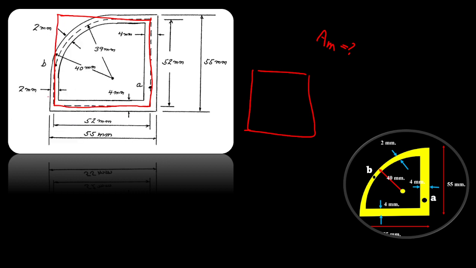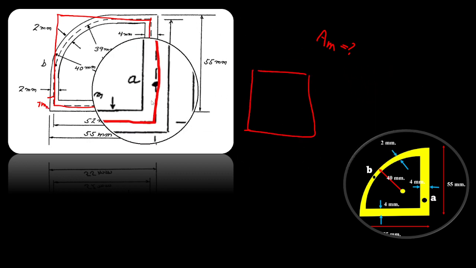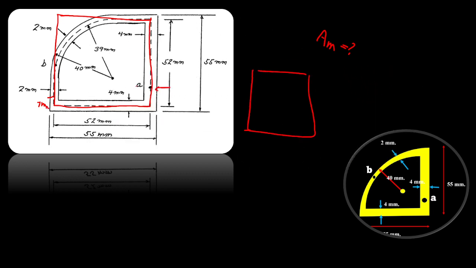So if we subtract half of that, which is 1 millimeter, from one side, and the thickness of this part is 4 millimeters, we just need to subtract 2 millimeters from here.